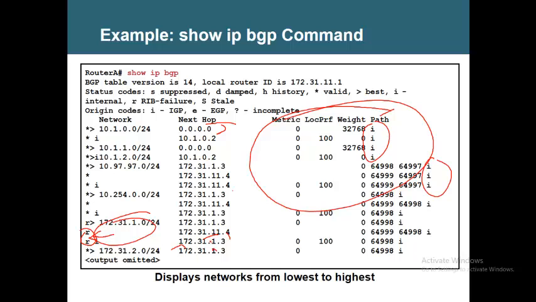What does it say? It says that someone is providing the same network information, the same destination route, with better administrative distance. So according to BGP, this is valid and best, but according to the routing table, it's not best.